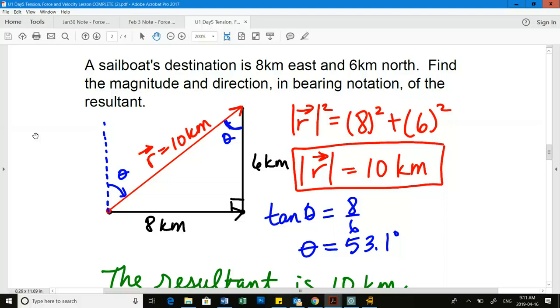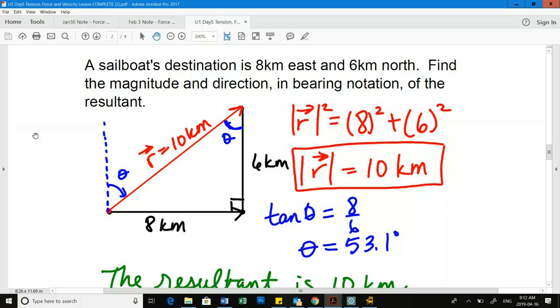So when we do 8 squared plus 6 squared, and then square root it, we get the magnitude of the resultant vector. And then our job is just to solve for, I can actually solve for either one of these thetas, but if you notice what I did here, I actually just created a parallel line with that blue dotted line that I showed there, and then I can use a Z pattern to decide, because I'm working with true bearing, I can find that little slice in there starting at the north line.